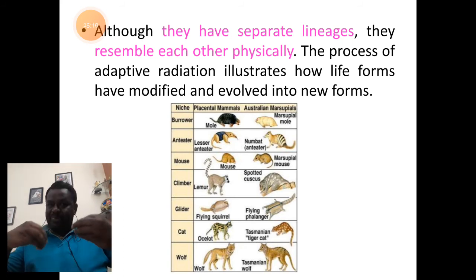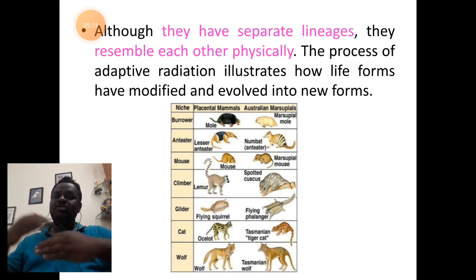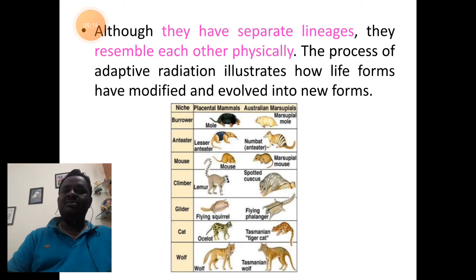Even though there is a separate lineage, lineage refers to the formation of new organisms. They resemble each other physically, almost. If you take a close look at these organisms in the chart, they remain almost the same.